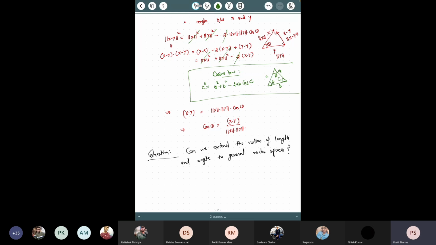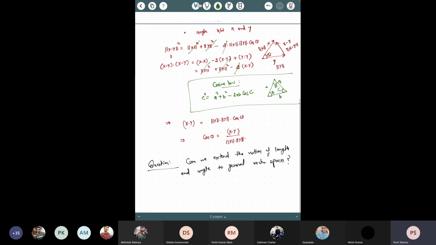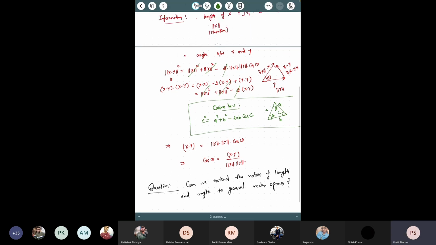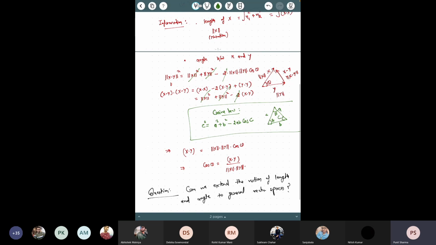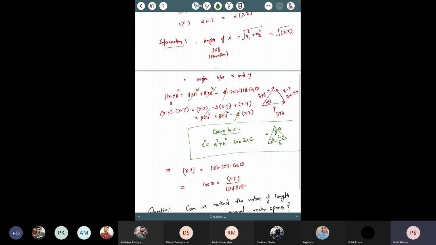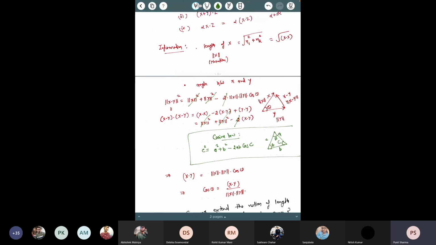Okay. So at least one idea you can get from here. Can anybody answer? Just use the discussion we have made so far. Using this discussion, can you get some idea to define the length of a vector and the angle between two vectors for, let's say, R4, or for Rn, for any n?